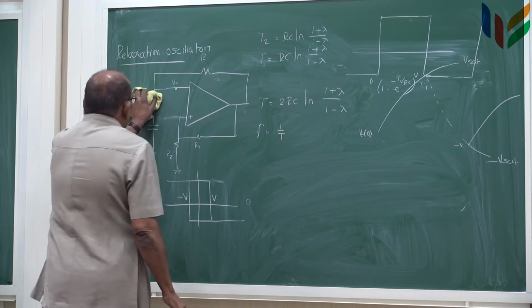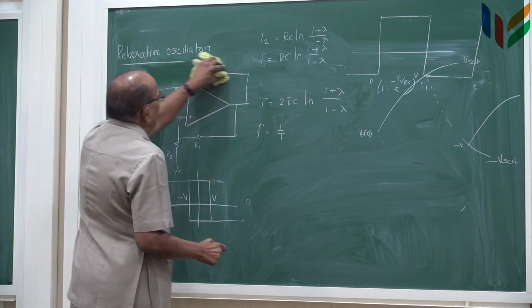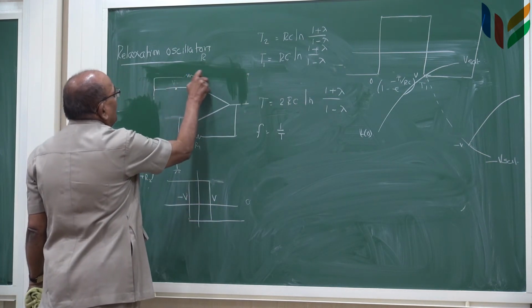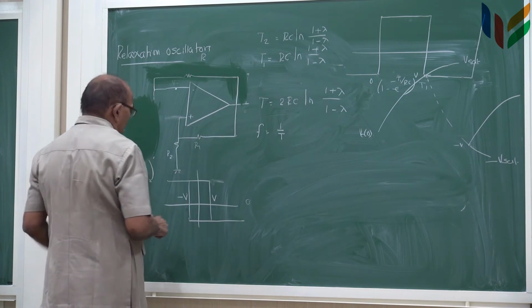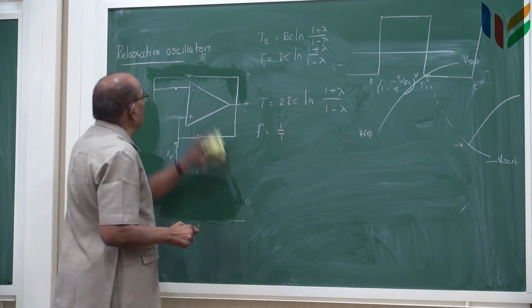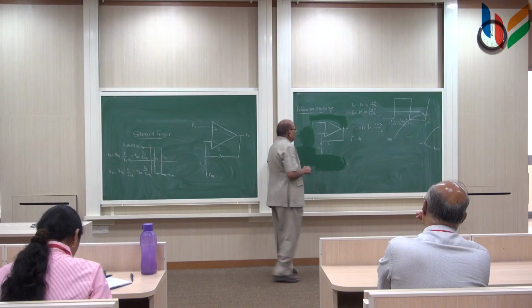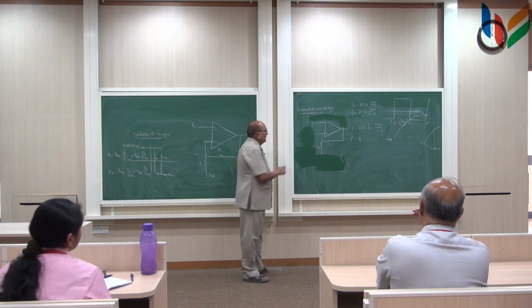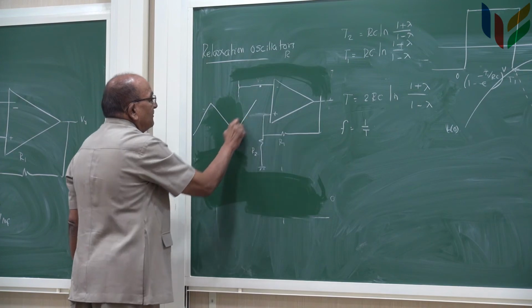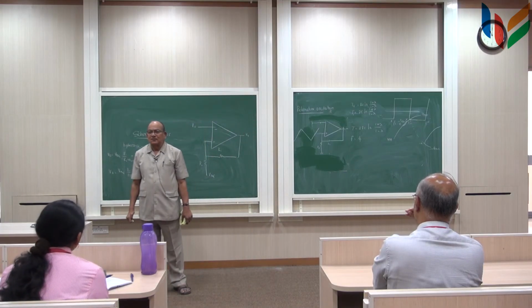I could have, for example, taken this Schmitt trigger, and if I can somehow apply like this a triangular wave, the same thing would have happened.